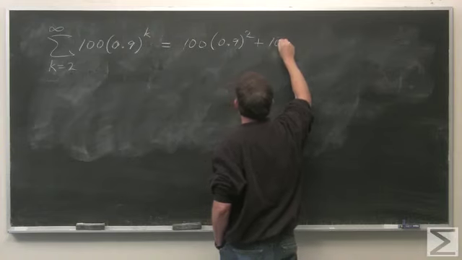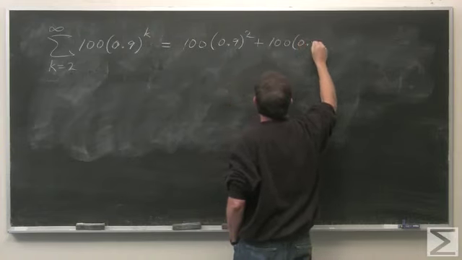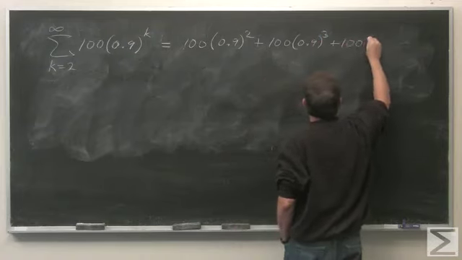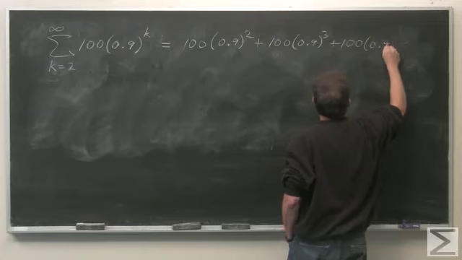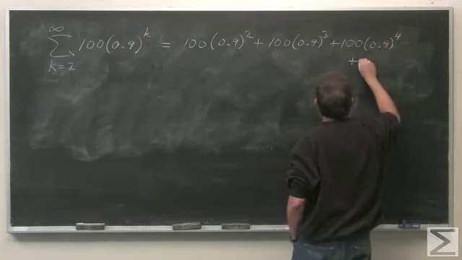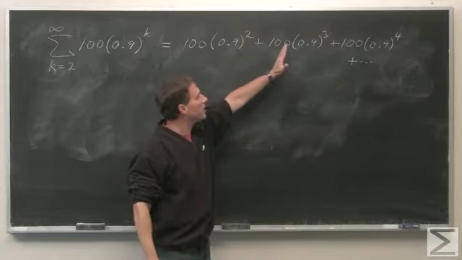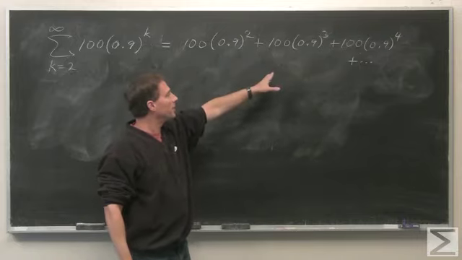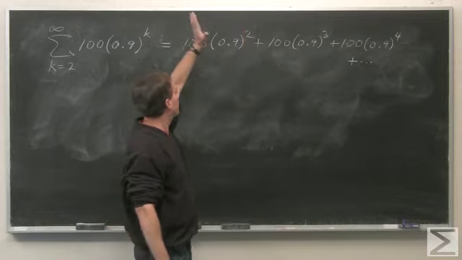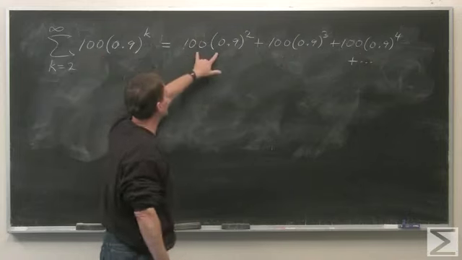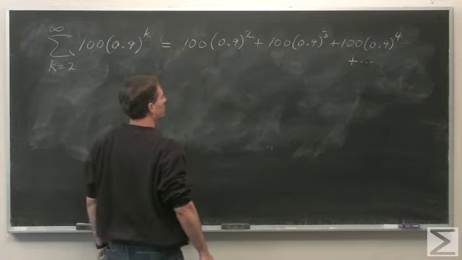Then there's 100 times 0.9 cubed plus 100 times 0.9 to the 4th, and so on. Well, this is clearly geometric. You still go from one term to the next by multiplying by 0.9. It's just that the initial term isn't 100. It's 100 times 0.9 squared.